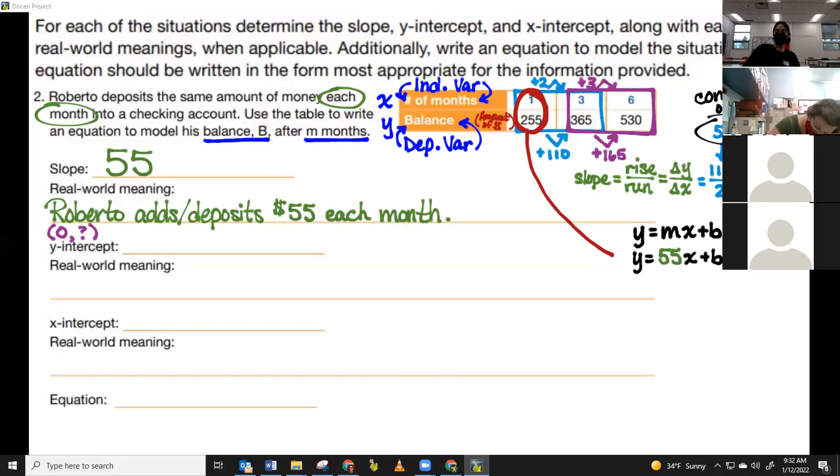And we're going to sub it in. What number should I put in for Y? Oh, sorry, I saw the other answers show up in the chat. You guys can do that and you'll get the exact same answer. Jada, that's correct. We're going to put the 255 in the place of Y. Is equal to 55, and then I'm going to make a substitution in for X. What am I putting in for X?